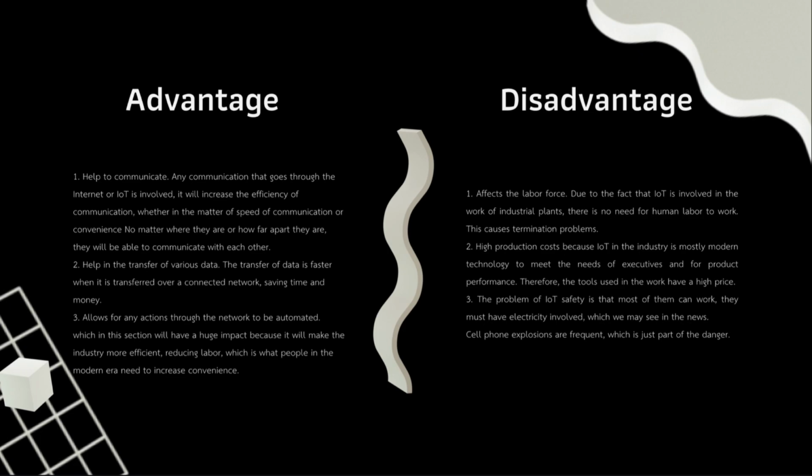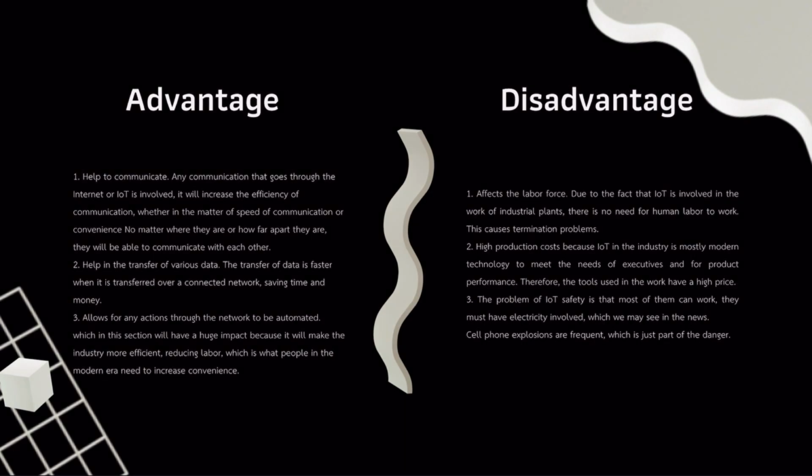Therefore, the tools used in the work have a high price. Third, the problem of IoT safety: most of them can only work with electricity involved, and we may see in the news that cell phone explosions are frequent, which is just part of the danger.